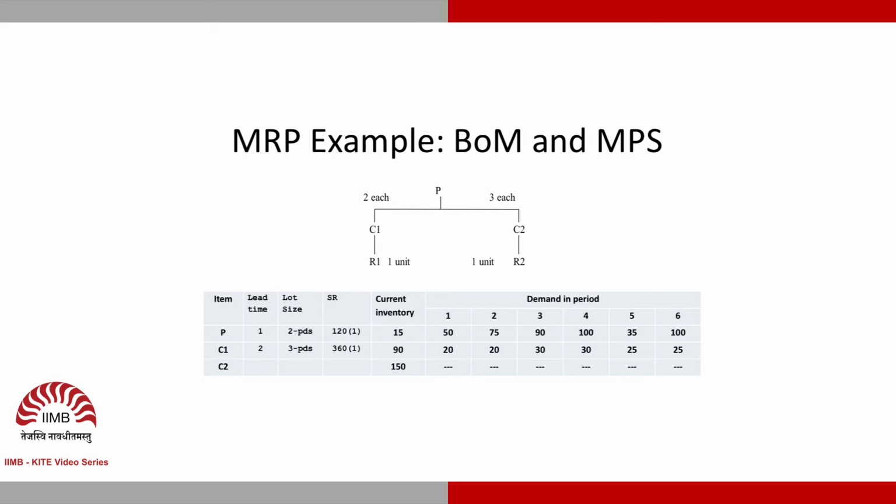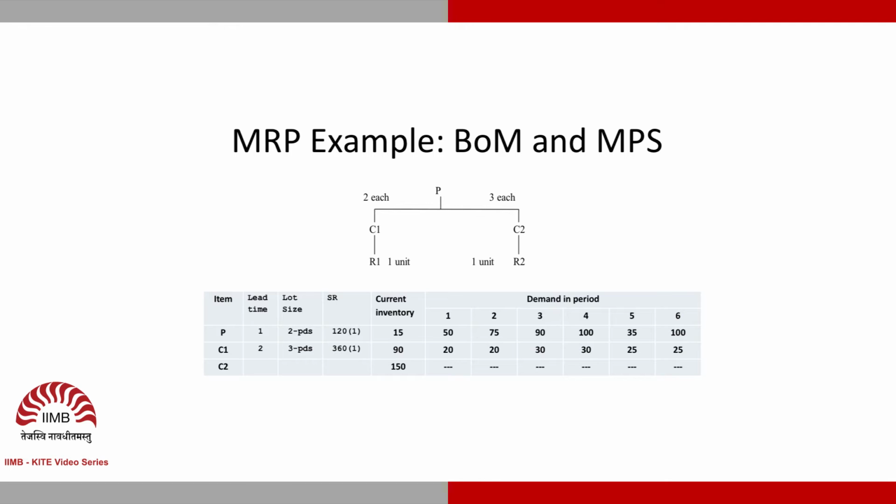Now, items P, C1 and C2 also have on hand inventory available as 15, 90 and 150. There is one more interesting thing happening here. There is something called SR that is shown in the slide, which is scheduled receipts.